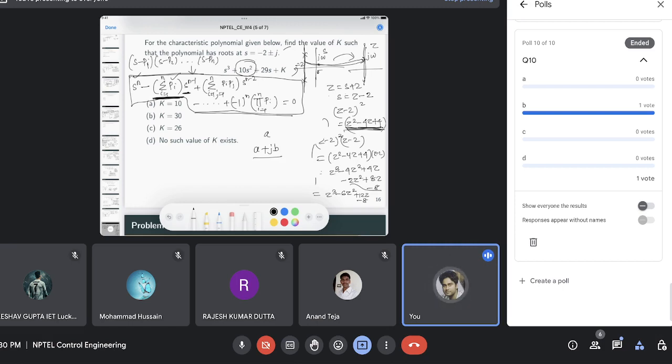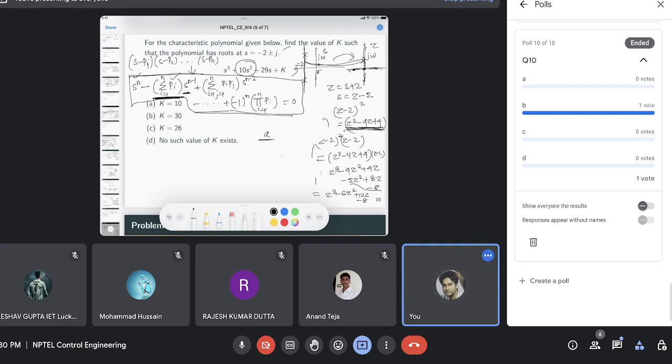Because it should occur in conjugate pairs, but we have only one pole left. So it can only be of this form, on the real axis. It can be at the origin, positive or negative, but only on the real axis. So I am assuming the third pole to be at minus a.